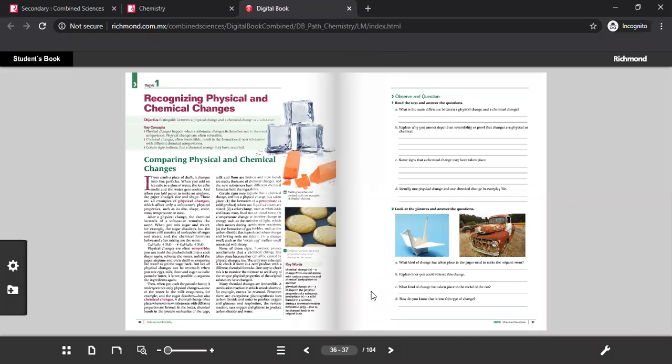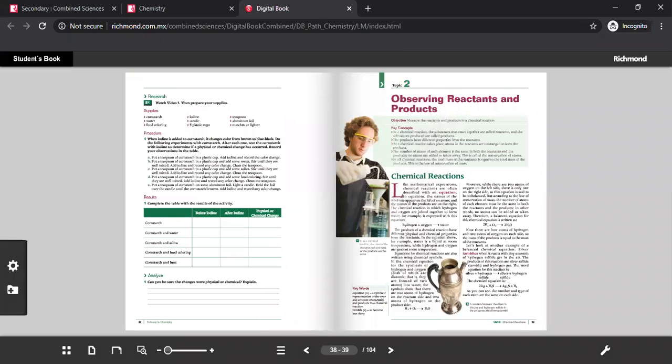So now we go to the next pages, right? Where we talked about observing reactants and products.